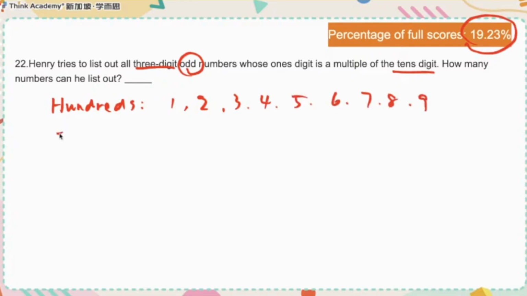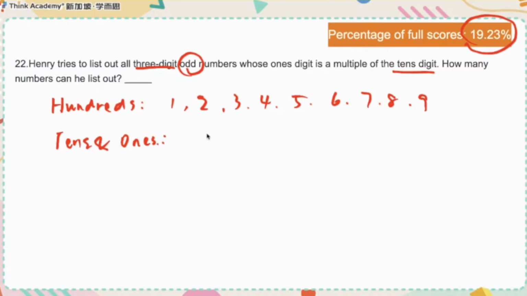And then for the tens and the ones place, because the ones digit is a multiple of the tens digit. So we can see this time we need to list out, but be careful. The number should be an odd number. So as for the ones digit, it must be 1, 3, 5, 7, 9.